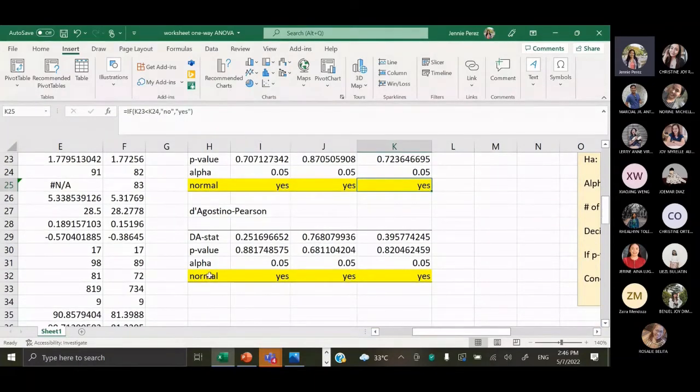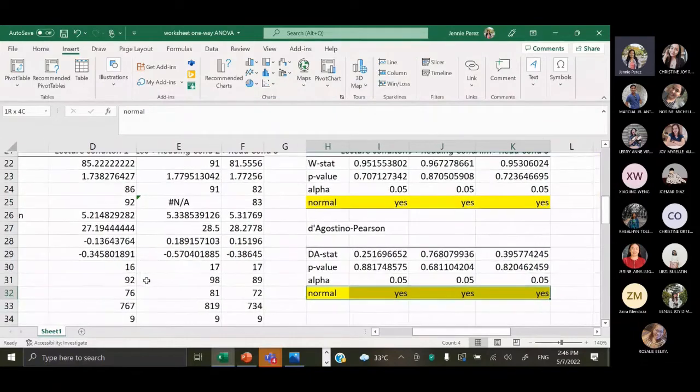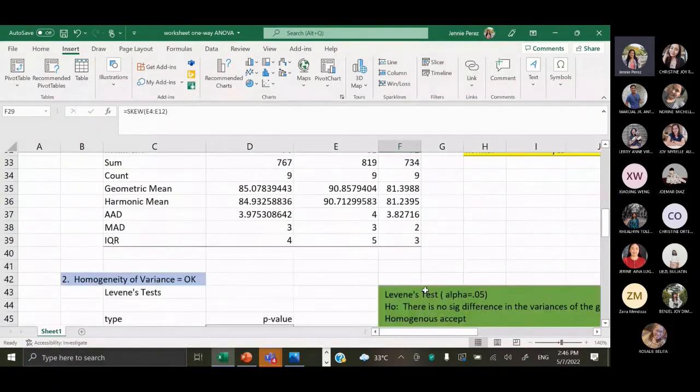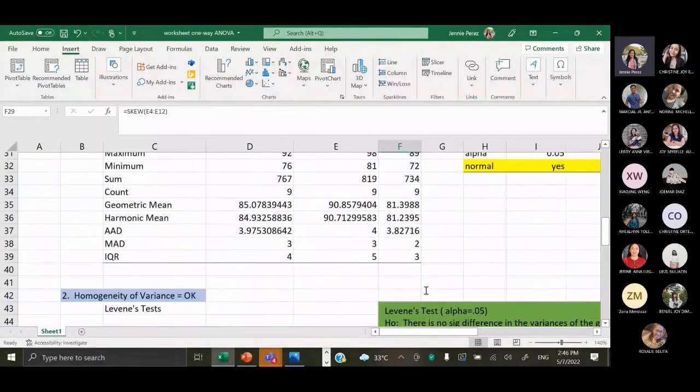The Agostino-Pearson also says that all three groups are normal. And if we look at the kurtosis and skewness of all three groups, you will see that they are all near to 0. So the data are good. All of our groups follow a normal distribution.